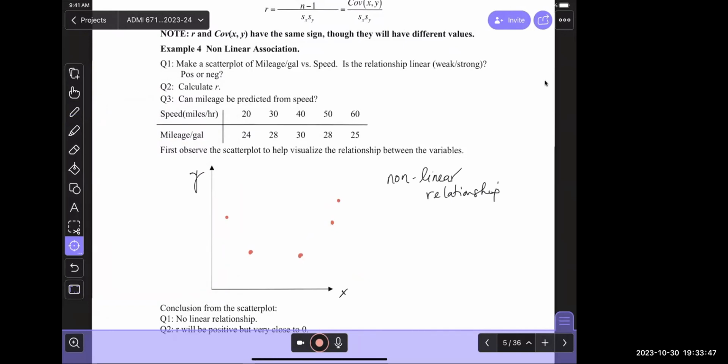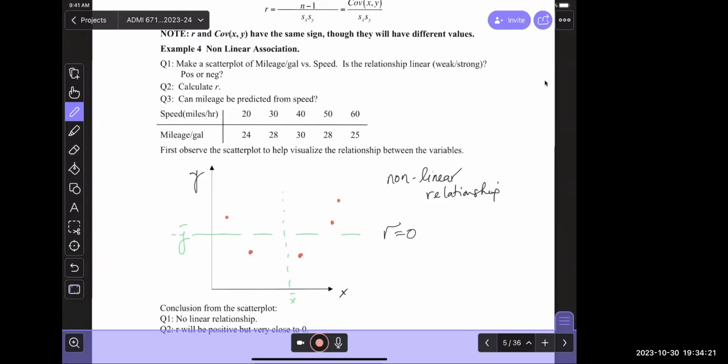In this case, if we use our technique, we'll divide the data in half this way and in half this way. Notice that there's data in every cell, in every, what do I call these? Quadrant. In every quadrant. So this is going to result, if you did the calculation, this is going to give you an R of 0. But that doesn't mean that there's no relationship at all.